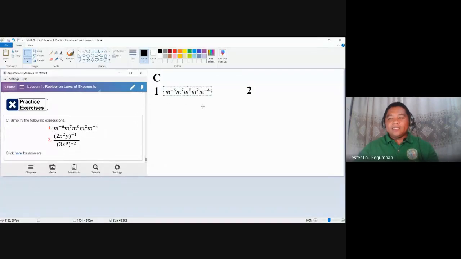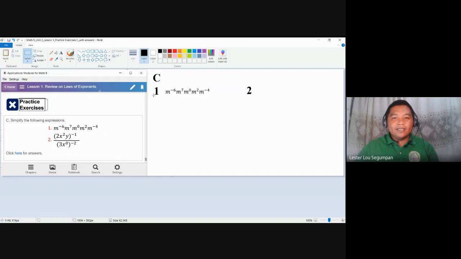This looks similar to your number one of practice exercise B, but here is the presence of the law of zero exponent, and probably later on we will apply the law of negative exponents. The application of the law of negative exponents, that's why it was placed as the fifth law, is for it to be applied at the last portion. So we will apply first which laws are discussed first. So multiplication, division, zero, power, and then lastly the law of negative exponent.